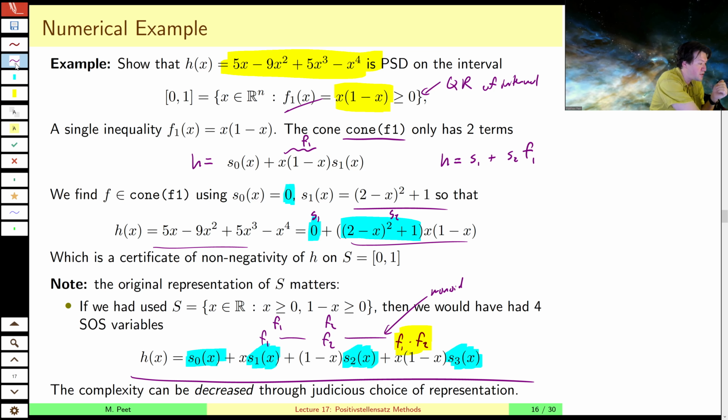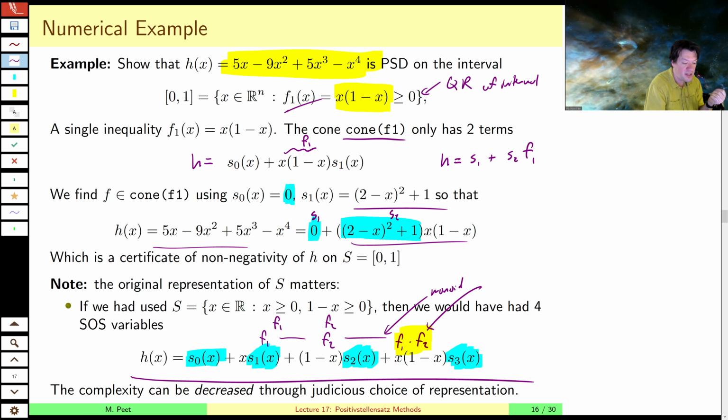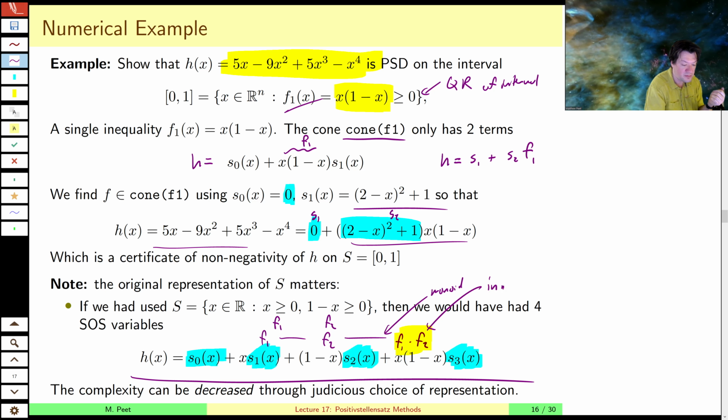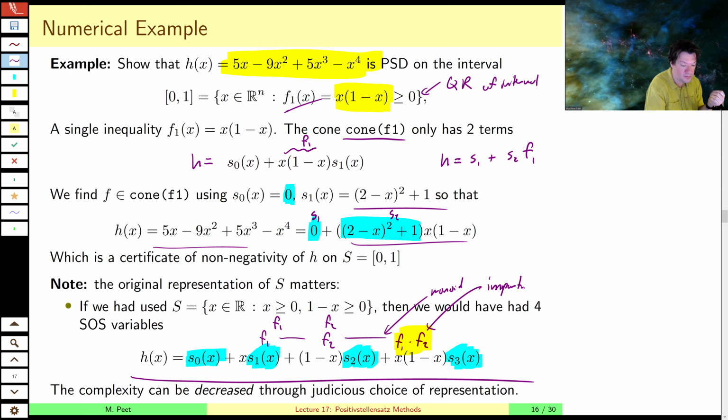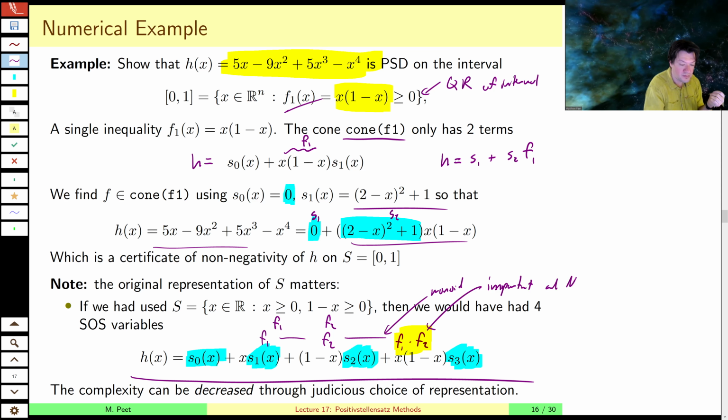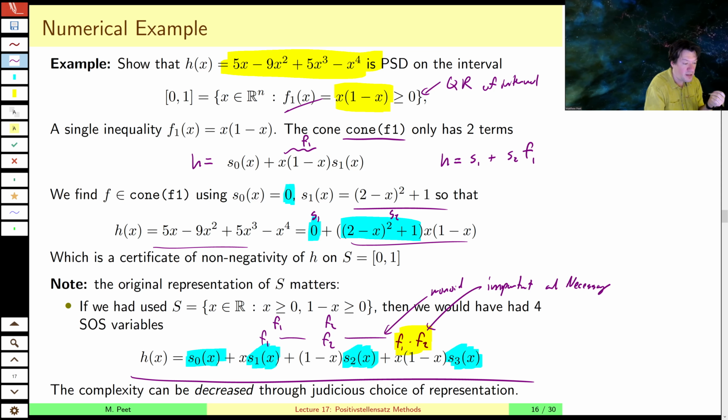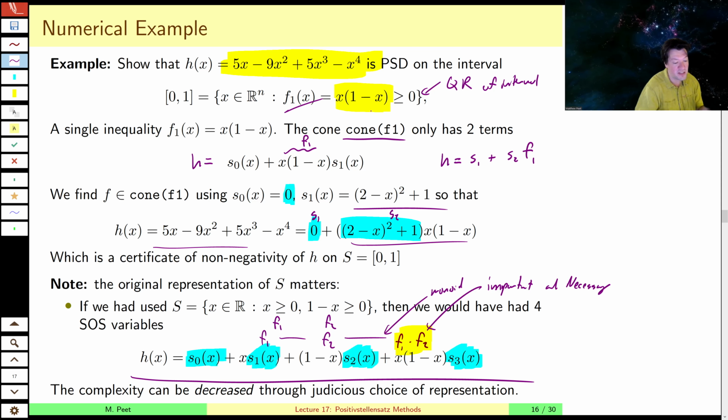So this product term, which is less obvious, is important and necessary. And that's one of the reasons it's better to use the quadratic representation, because there's only a single inequality.